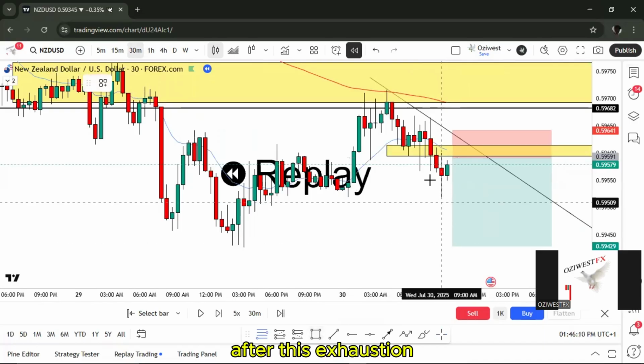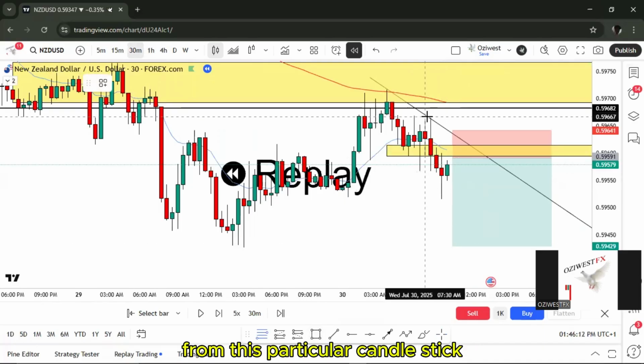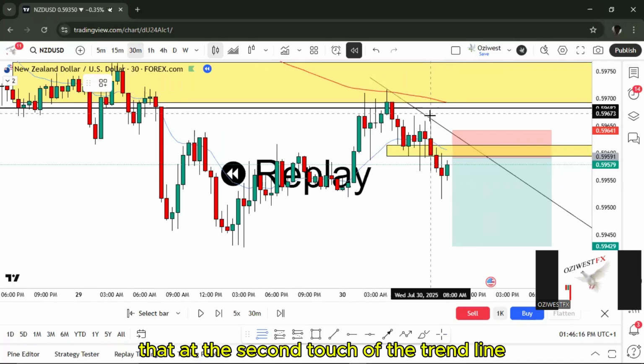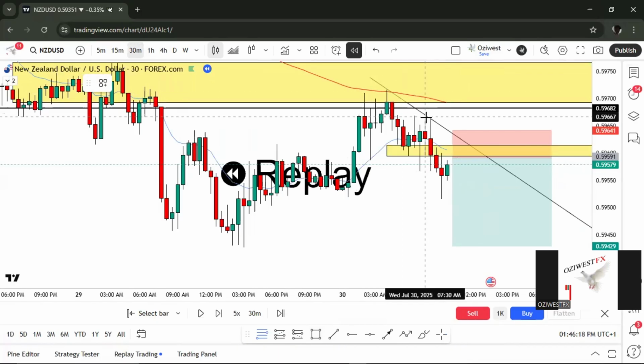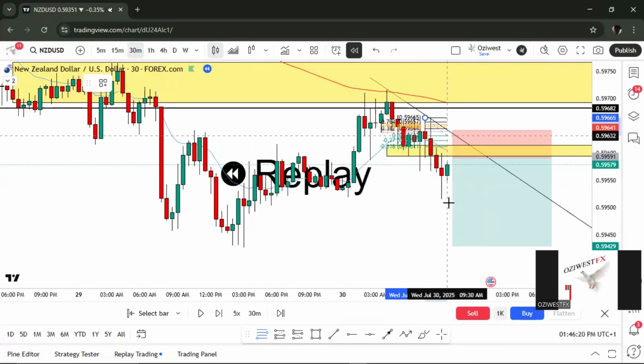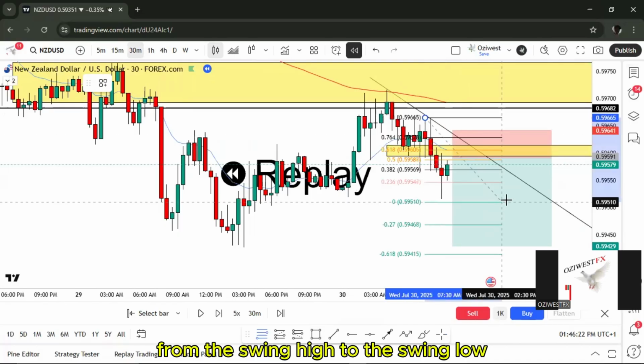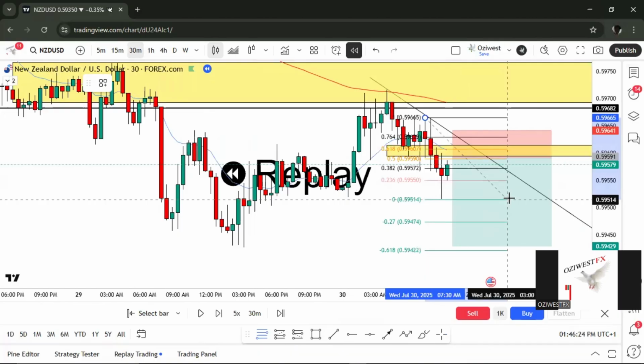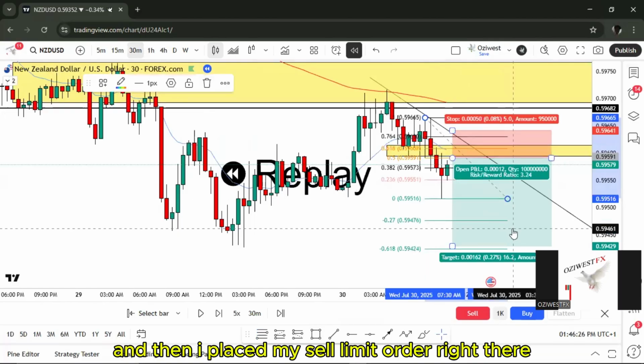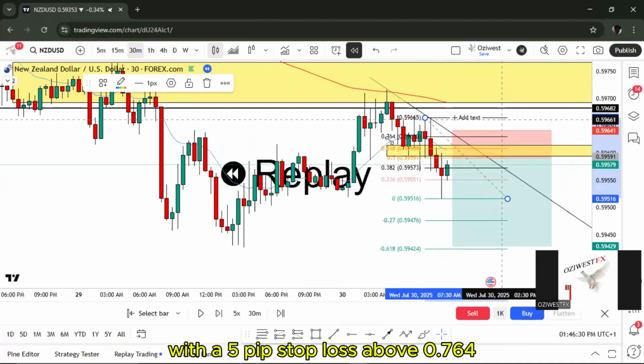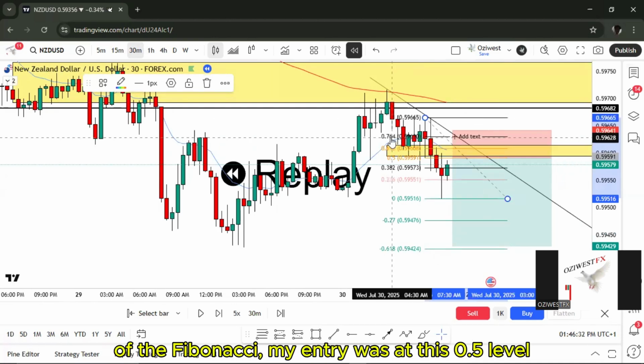After this exhaustion, that was when I drew my Fibonacci from this particular candlestick that had the second touch of the trend line. I drew from there, from the swing high to the swing low, and I placed my sell limit order right there with a 5 pip stop loss above 0.764 on Fibonacci.